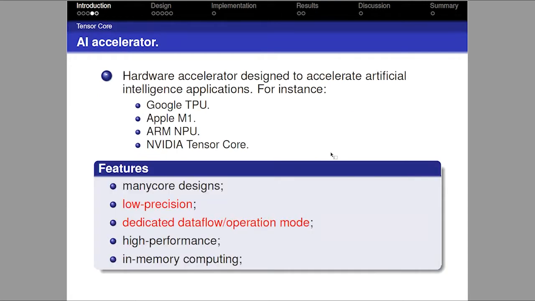Thanks to the development of artificial intelligence, many vendors have designed their own dedicated processors, such as Google TPU, Apple M1, and ARM NPU. AI accelerators usually focus on low precision, low data flow, or a specific operation mode, so they can achieve higher performance than general-purpose processors.